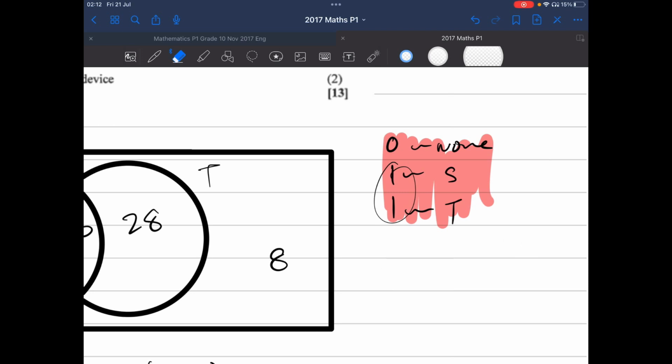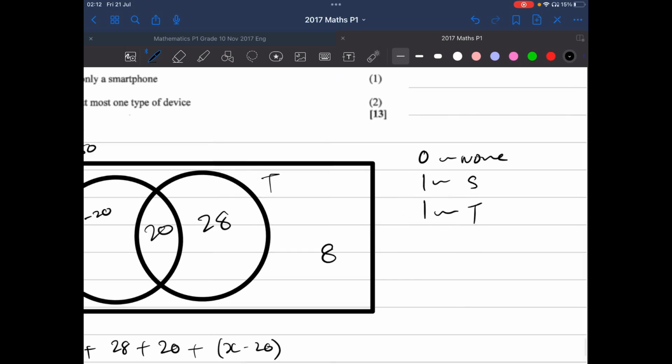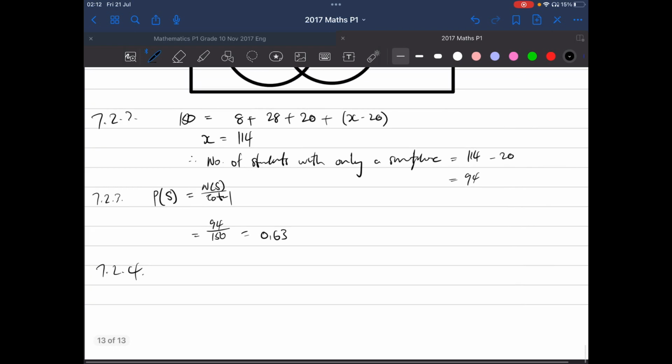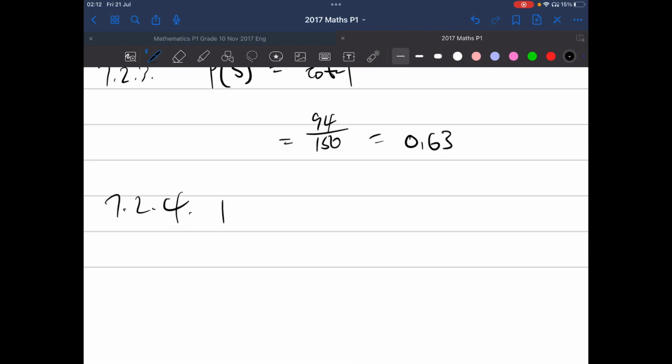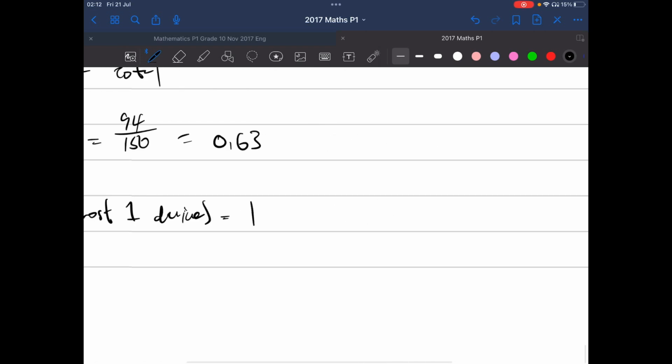So that means we have to find the probability of owning these individually and then add it together. The probability of at most one device is equal to the probability of a smartphone only plus the probability of a tablet only plus the probability of none.